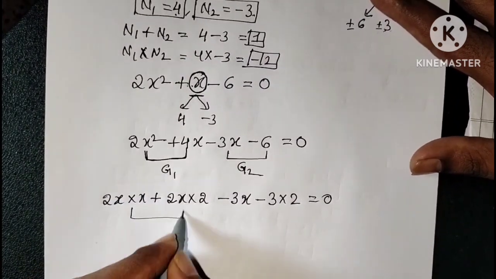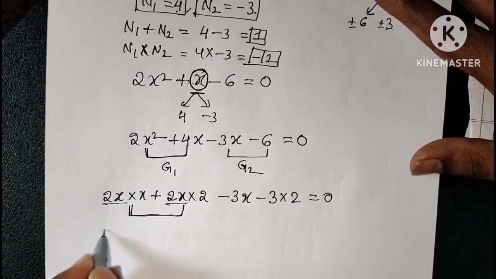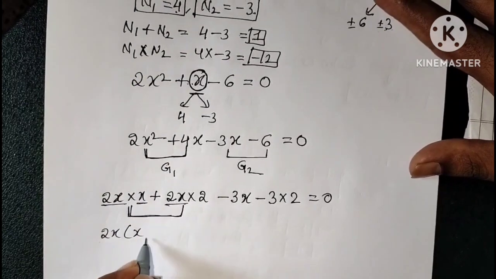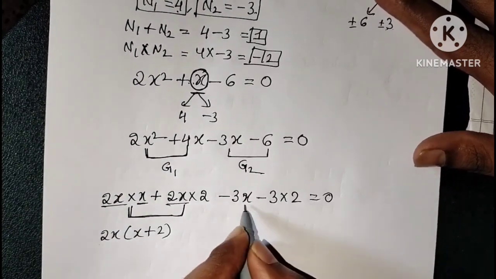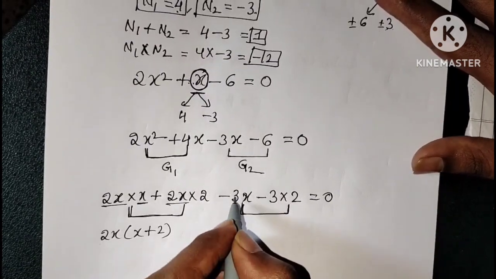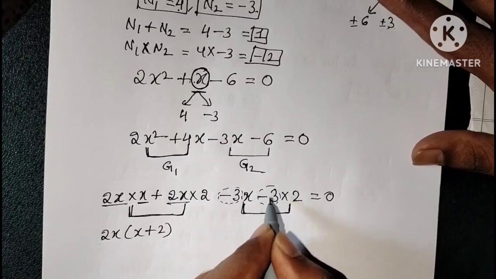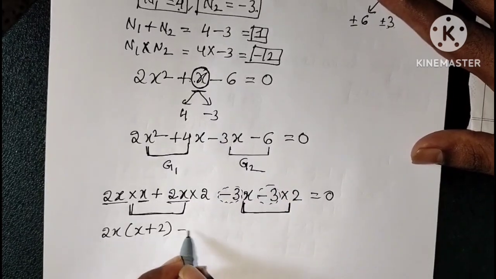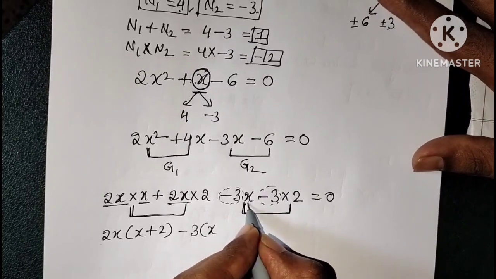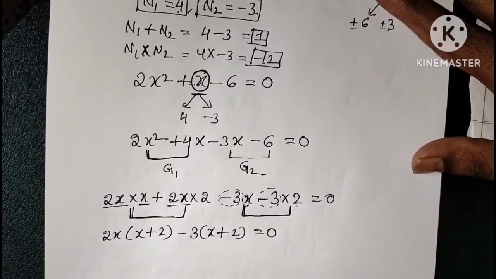So now first two terms lo group 1 lo put common ga em 2x. Take out 2x as a common factor and write the remaining terms. Here x and here plus 2. And in the second group, common factor is minus 3. ఈ minus 3 in common తీసేస్తే take out minus 3 and remaining terms here x and here plus 2 is equal to 0.